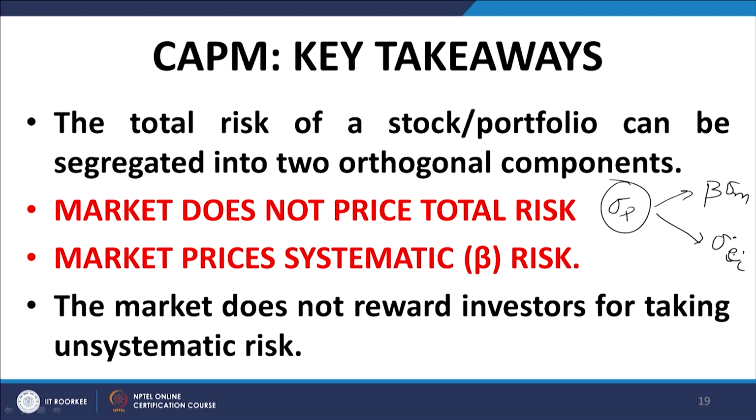Now, what we are simply trying to say here is, if I have a portfolio having this total risk, I can, retaining that same risk, improve the expected return if I cut down on this and increase the systematic risk at the cost of unsystematic risk.